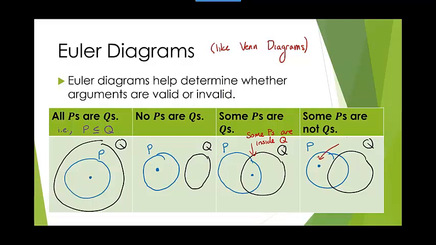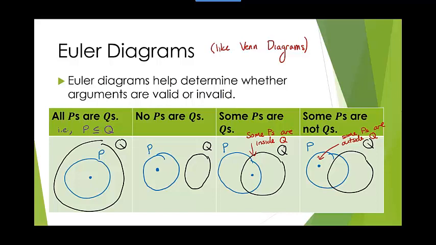So this dot is illustrating that, the way these circles intersect, some P's are outside Q. Not everything in P has to be inside Q. So we have these four pictures. They're a little messy looking back on it now, but we're going to use these types of pictures to help us analyze arguments.